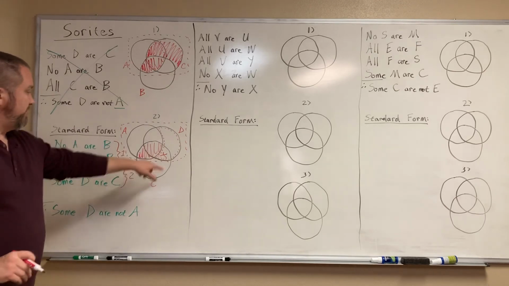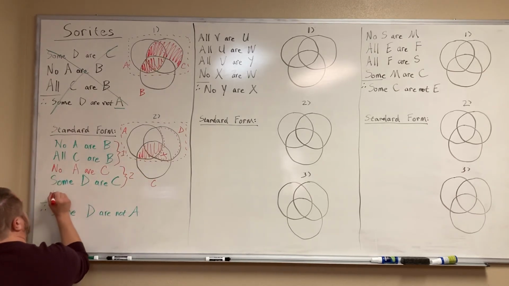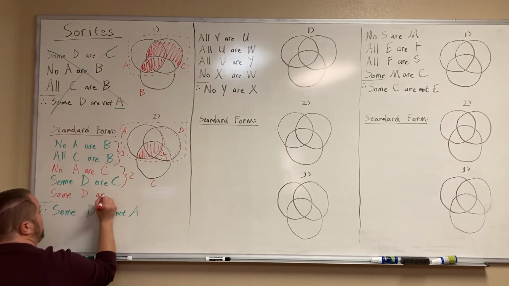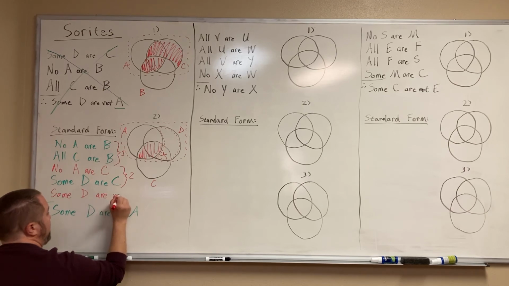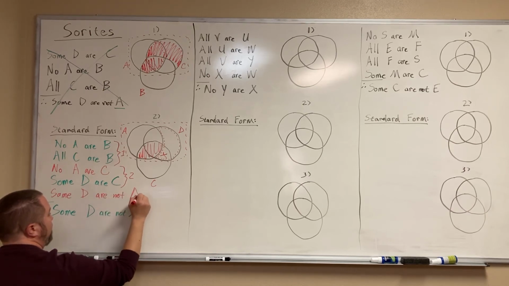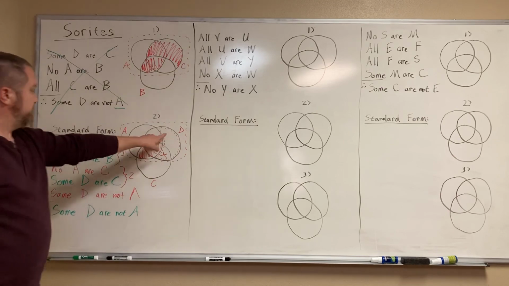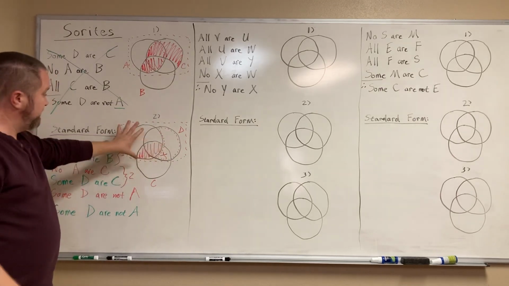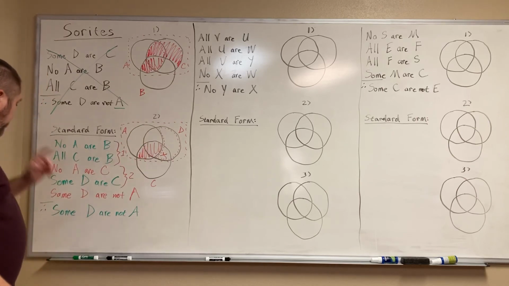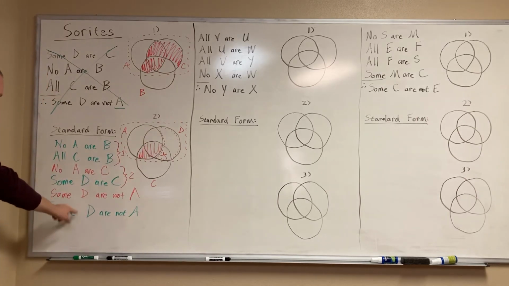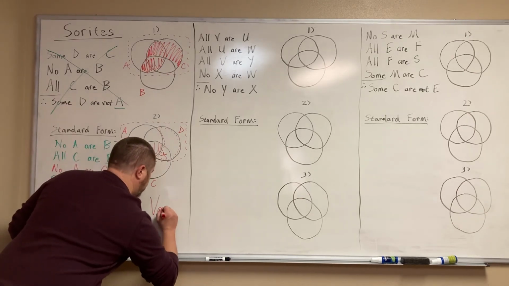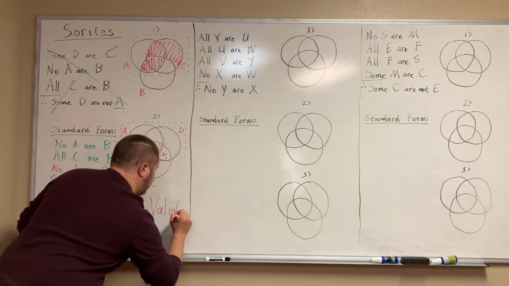So we should be able to draw out that conclusion. Some D or not A. This falls, there's an X in the space of D that's not part of A. And that matches up with our conclusion. So this Sorites is valid.